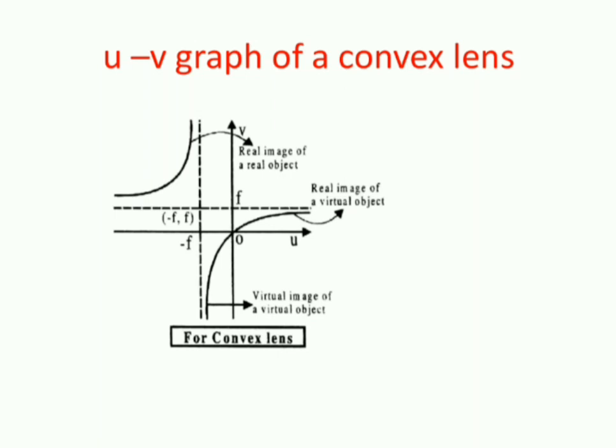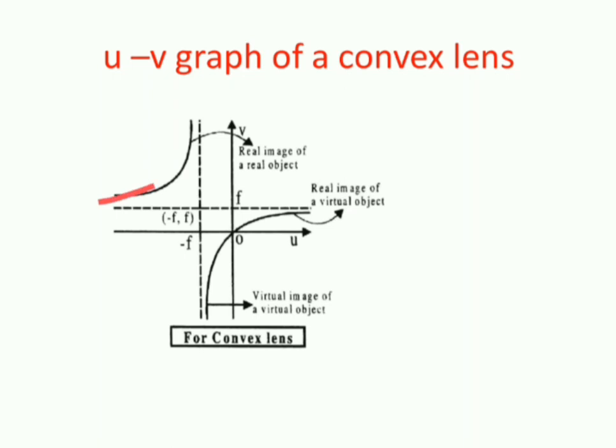Okay, look at the UV graph for a convex lens. Hope you remember the ray diagrams for convex lenses. For a convex lens, as the object approaches the lens from minus infinity, image will approach the lens from plus infinity. So based on that, I have given you V versus U graph for real image and a real object.